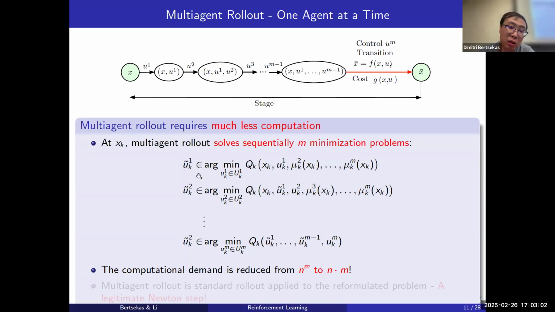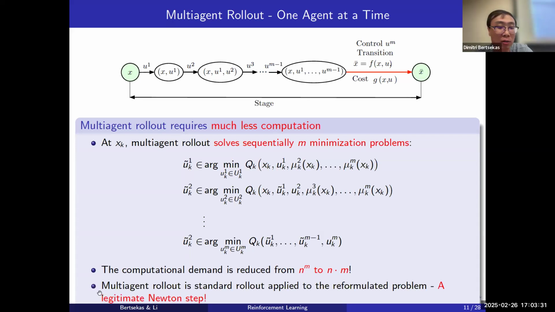On the other hand, with this sequence of minimization calculations, at each stage we consider n Q factors, perform the minimization calculation, and move on to the next one, and so on. In total, the Q factors we need to consider is n times m, a dramatic reduction.